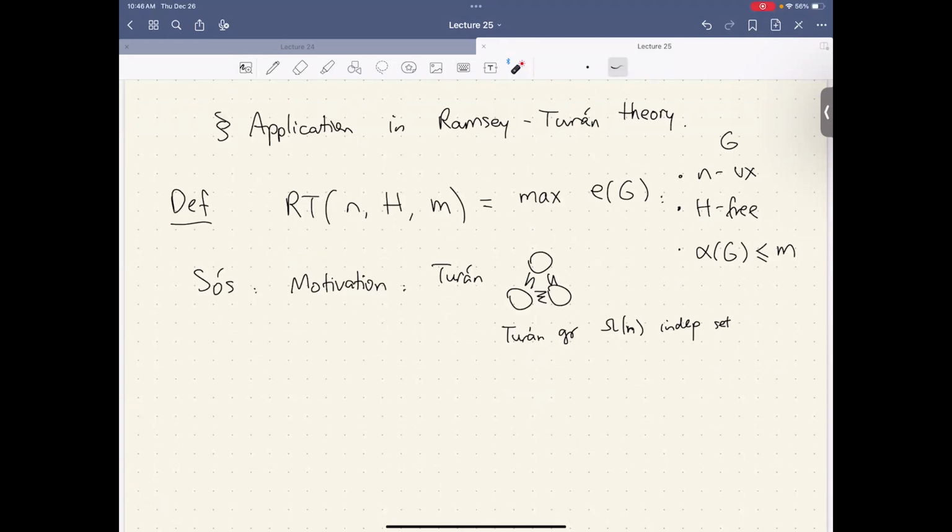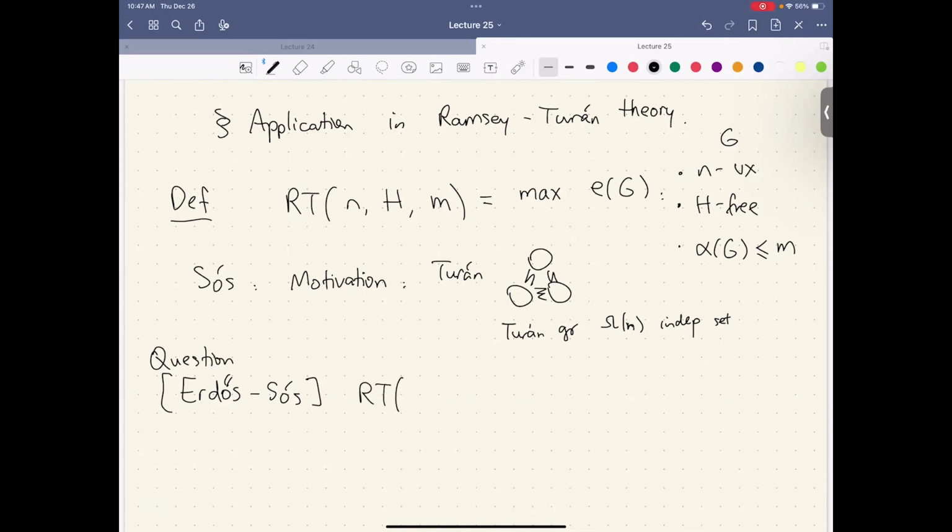So Erdős and Sós asked the question of whether the Ramsey-Turan number of K5 with independence number square root n is little o of n squared.